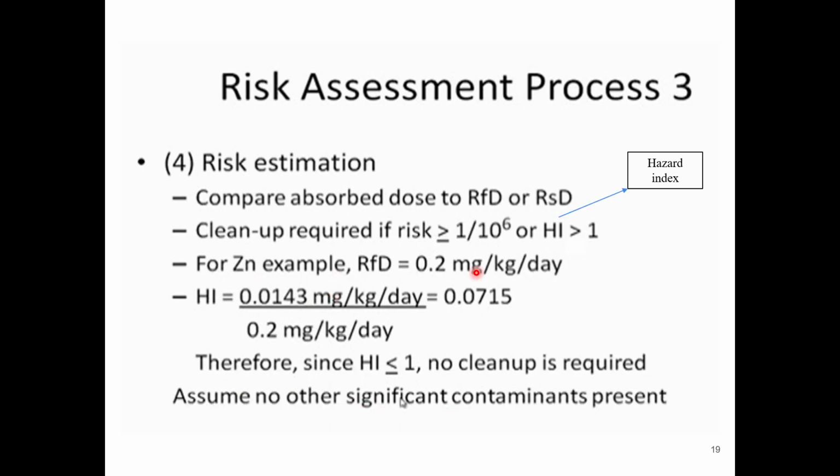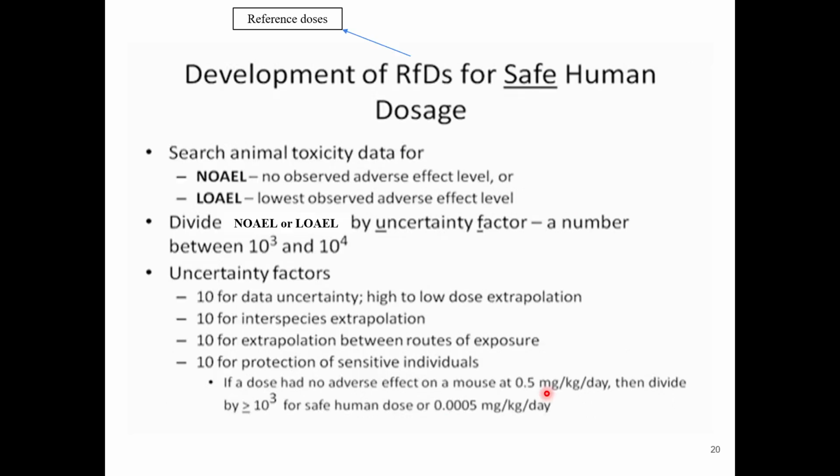If we divide this by the reference dose of 0.2 milligram per kg per day, we get a value of 0.0715, which is obviously less than or equal to 1. Since the hazard index is less than or equal to 1, no cleanup is required in this case, and we assume no other significant contaminants are present. So the risk is acceptable, and we don't have to do any cleanup.